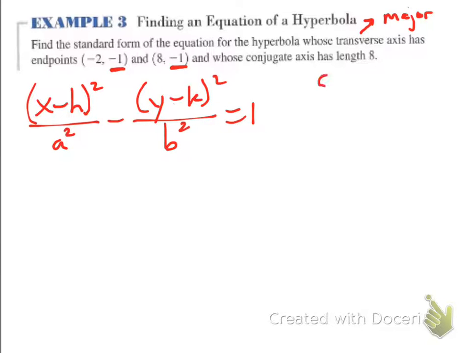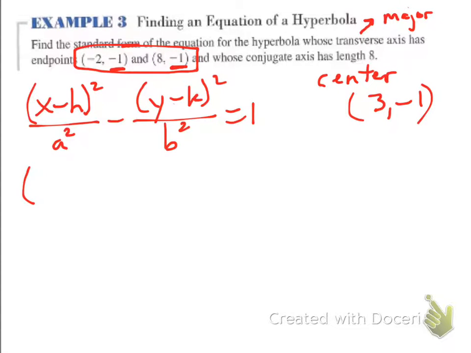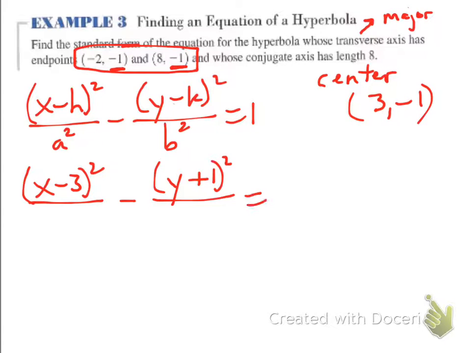Remember for ellipse, we did the midpoint formula? Well, we're going to do the midpoint formula again on these 2 points. The midpoint formula gets us 3, -1. So that means I have x minus 3 squared minus y plus 1 squared equals 1.